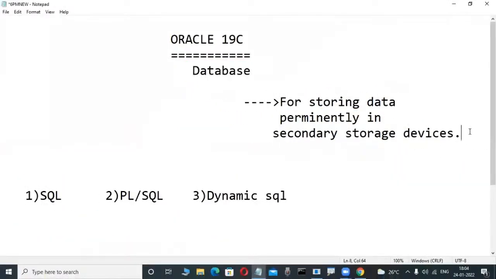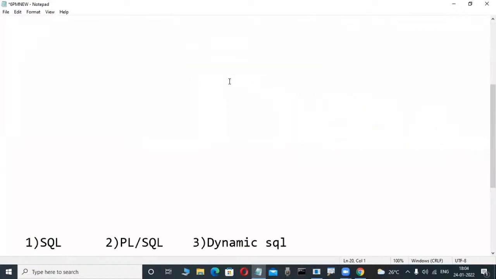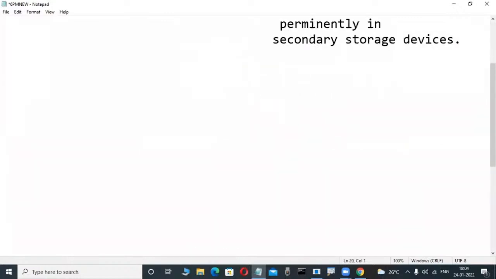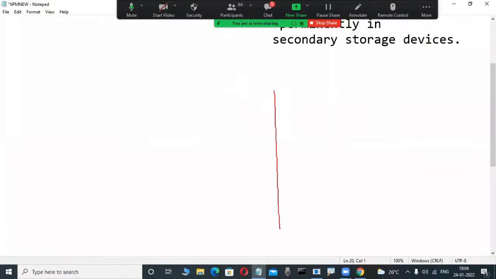As I told in previous classes, observe slowly here, a database is a place. Whenever we install Oracle, SQL Server, DB2 or these types of databases in our system, automatically one place is created.